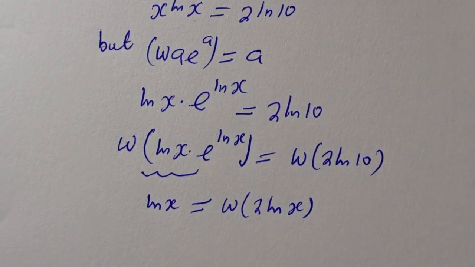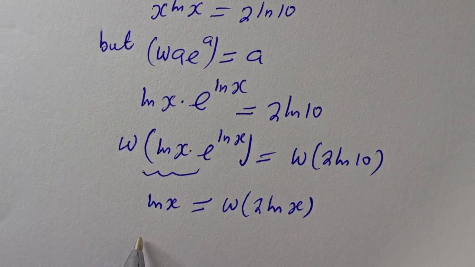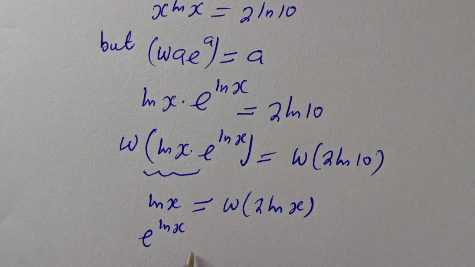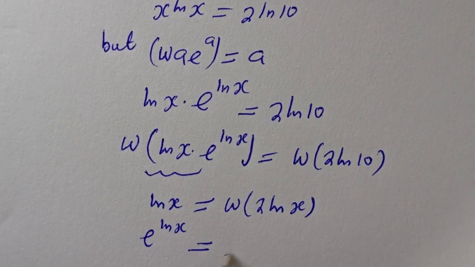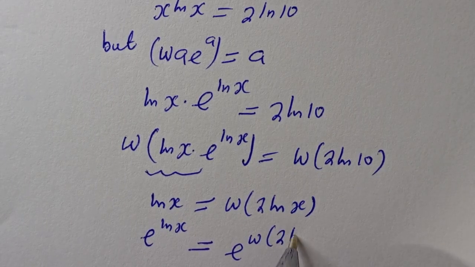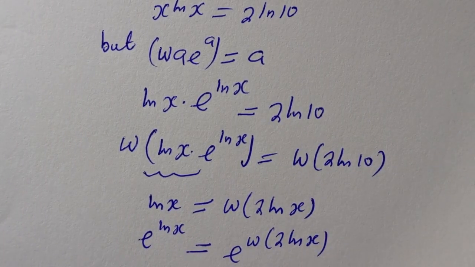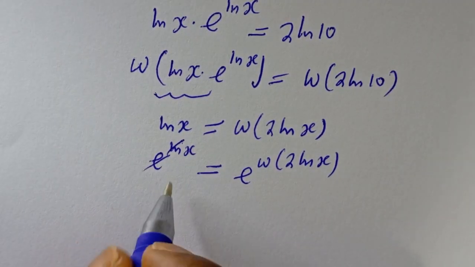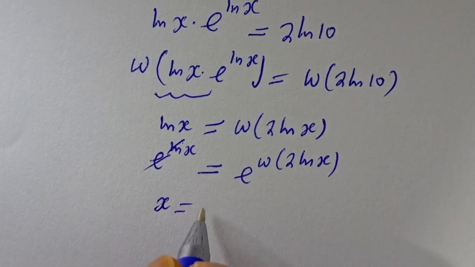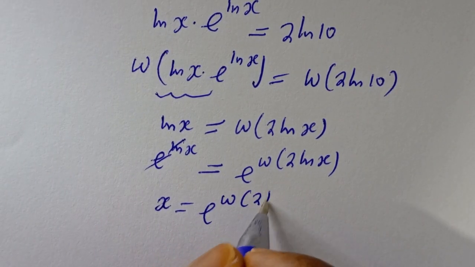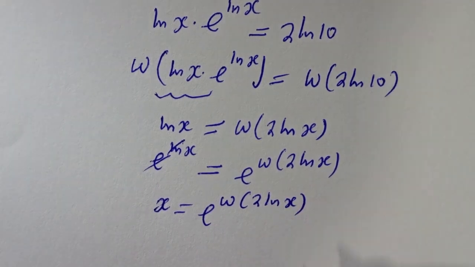Now let's introduce e. This is e raised to power ln of s is equal to e raised to power W of bracket 2 ln of 10. Then we cancel this e. s is equal to e raised to power W of bracket 2 ln of 10.